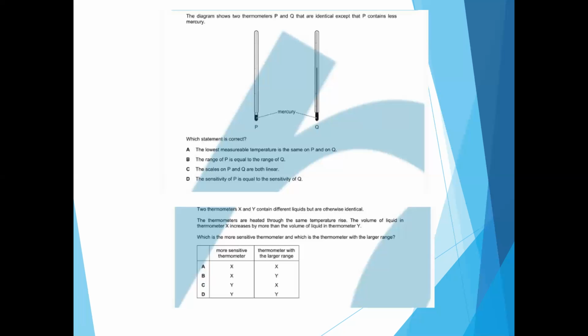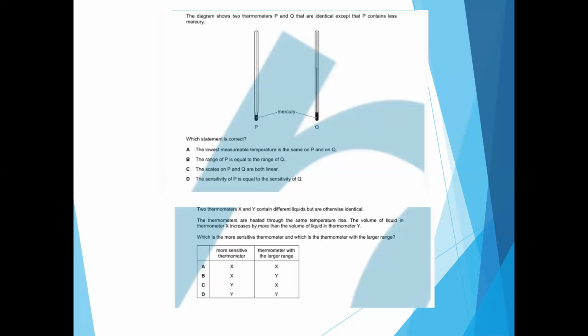Because if the liquid is rising less for every temperature change, it can cover more degrees. For example, if a thermometer rises 10 centimeters for 100 degrees Celsius, but another thermometer rises 5 centimeters for 100 degrees Celsius, then at 10 centimeters it will be at 200 degrees Celsius.